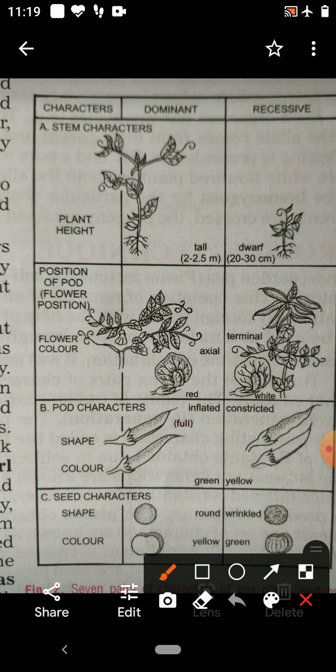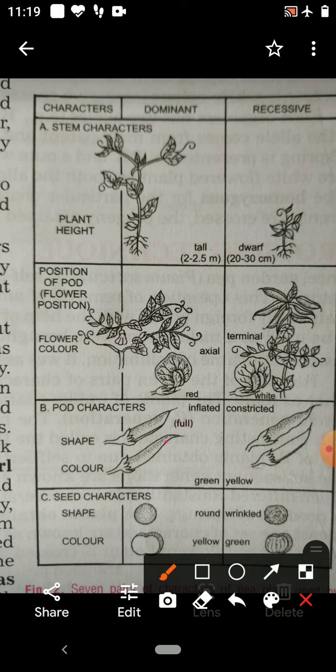And after several generations, he selected true breeding plants for their character. So pure breeding plants are homozygous. They show stable inheritance of character and same expression of character generation after generation.